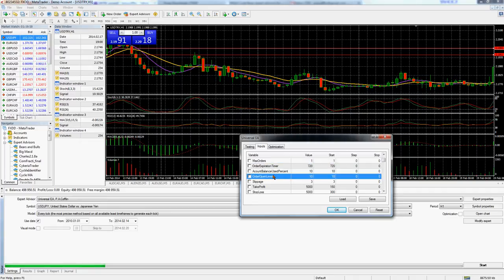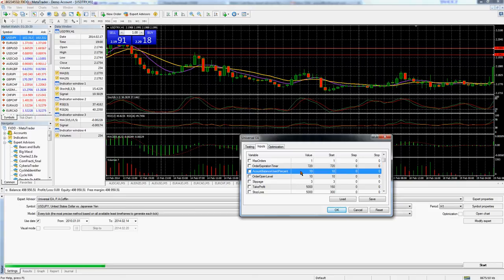So this open level is the pips above or below where the order is placed, and this timer in seconds is the amount of time the market has to reach it, or the order is deleted if it's not filled. So it's just a way to set an order above the market to see if it's actually going to reach that point. It's just an indicator of strength, and it minimizes peak trading. You want to minimize peak trading to minimize your losses.